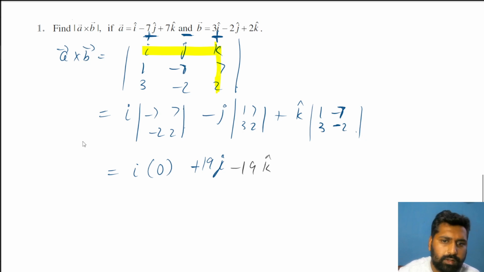Okay, so 19j minus 19k, the i component is coming 0. Weird values anyway.